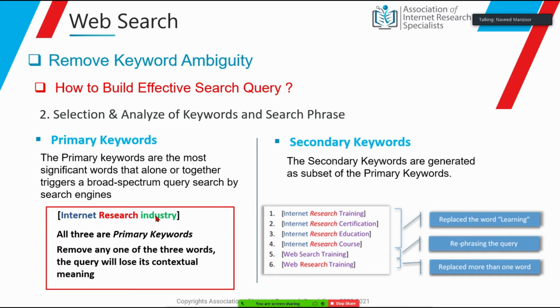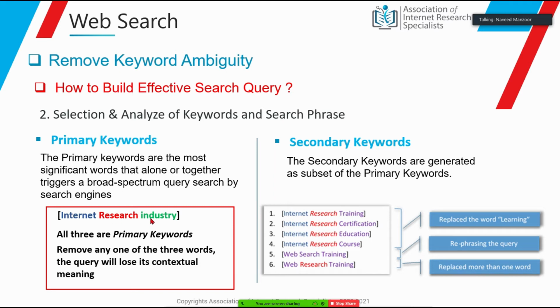However, for understanding what could be the primary keywords while we are looking at just three words: if we remove any of these, like internet, supposing we remove it from these three words, then the meaning would change. It would just be talking about research industries without having to do with internet. And if we remove research from the internet, then it is talking about the internet industry.